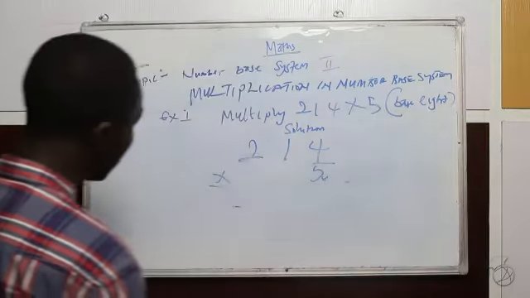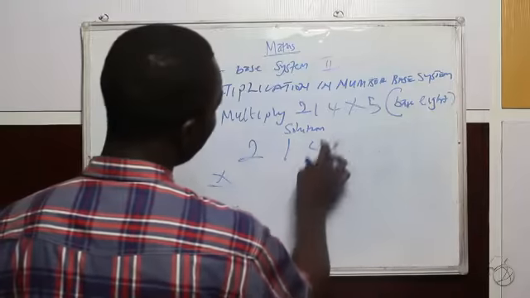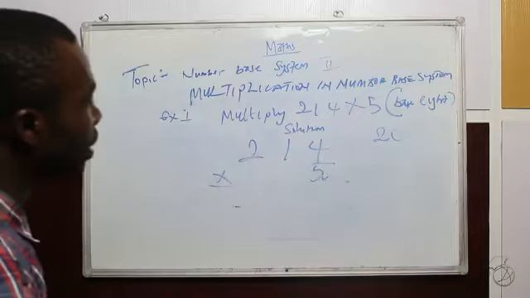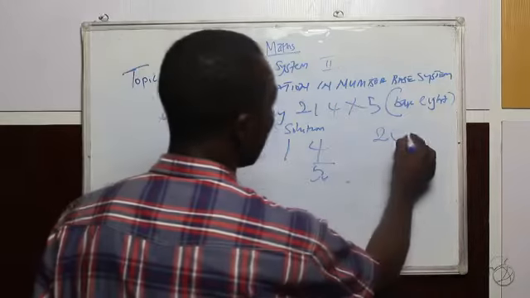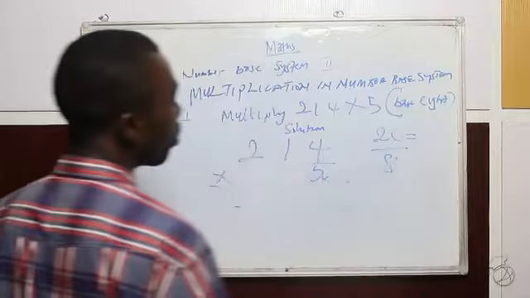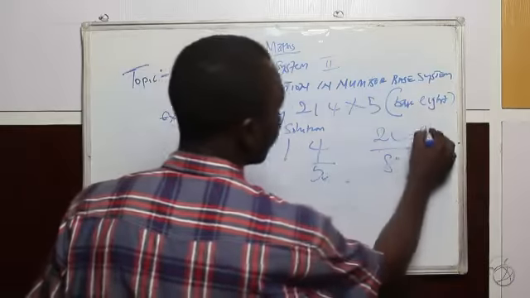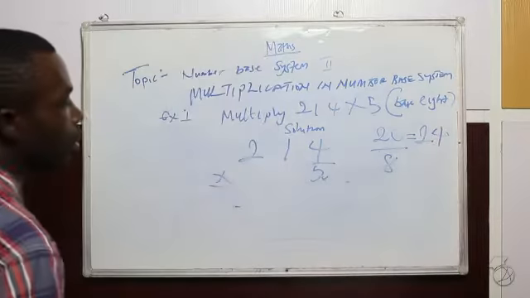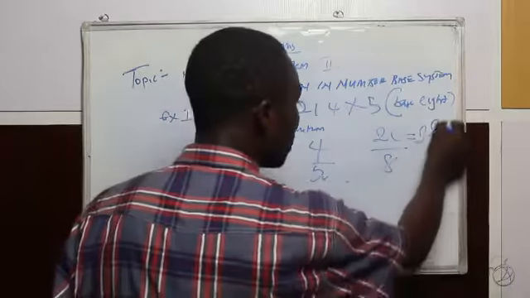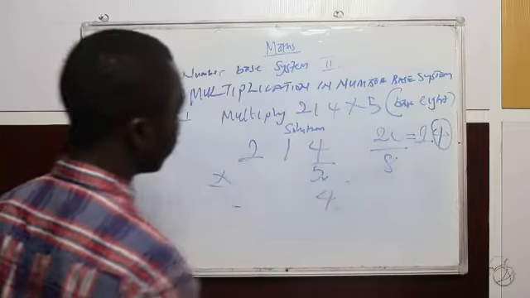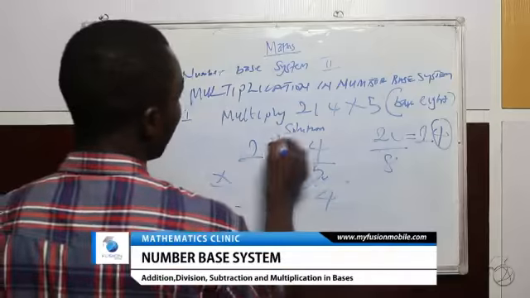Now, 5 times 4 will give us 20. We have 20, and they said we should do it in base 8. So 20 divided by 8 will give us 2 whole number, remainder 4. So we consider the remainder, we write 4, and we carry the 2 here.